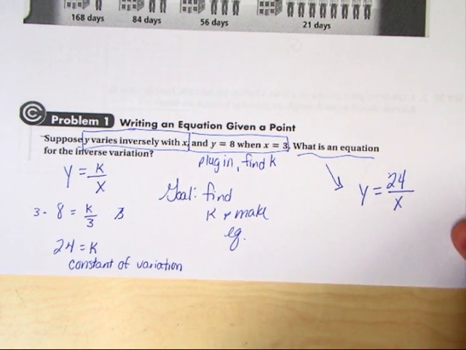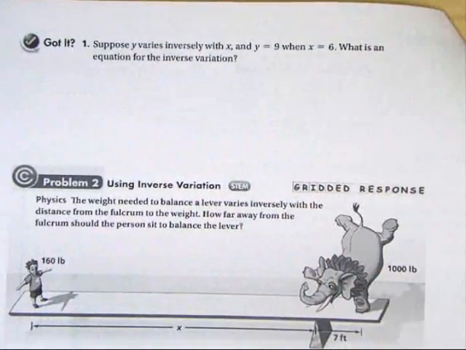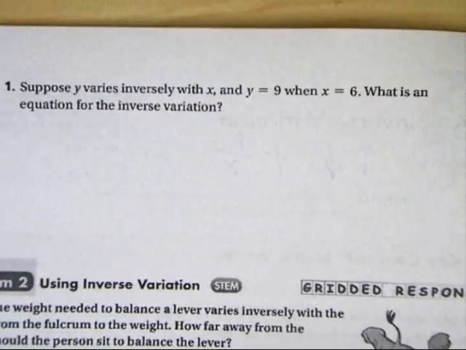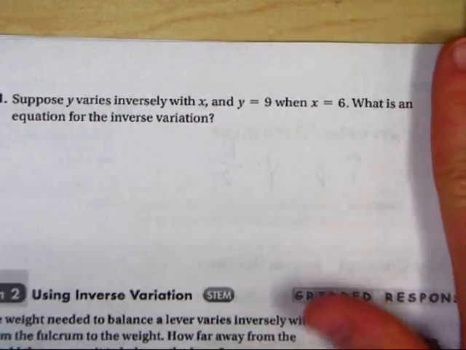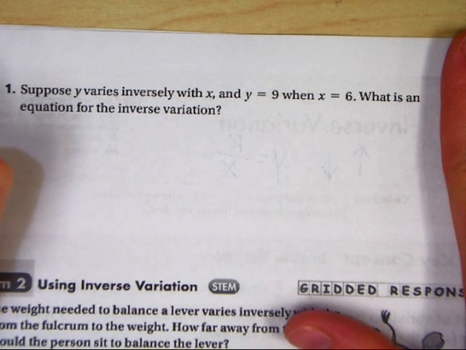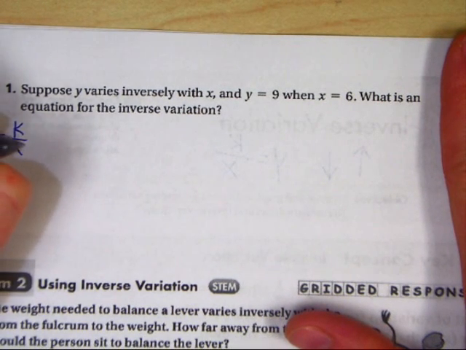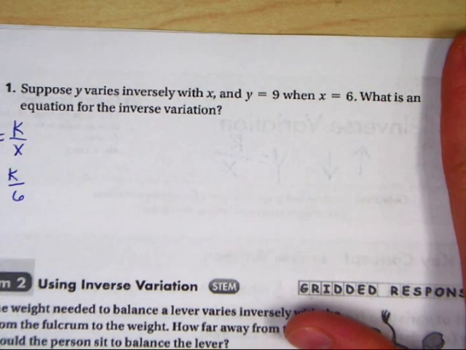Let's try that one more time. In Got It number 1, it says the same thing. Suppose that y varies inversely with x. Y is 9 and x is 6. That would be a point. So we do y equals k over x, and then 9 equals k over 6.